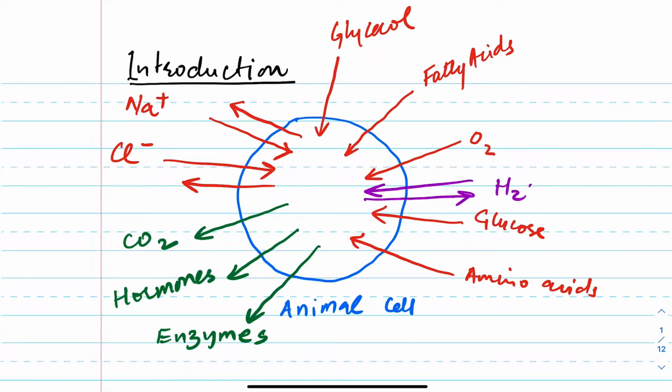Okay? So there are some essential substances that move into the cells, and there are some waste substances or some cell secretions that move out of the cells. We will discuss the methods that are involved in the transport of these materials into the cell or out of the cells.